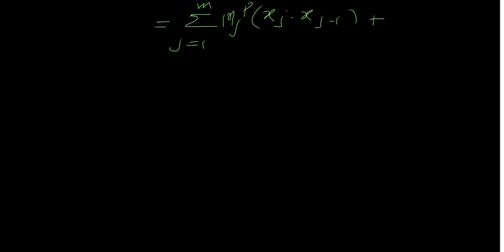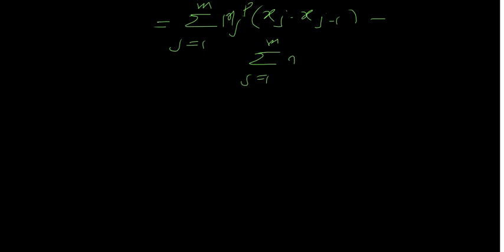I can write this as the summation j runs from 1 to m of Mj p into xj minus xj minus 1, minus the summation j runs from 1 to m of mj p into xj minus xj minus 1. I am breaking this sum as a difference.